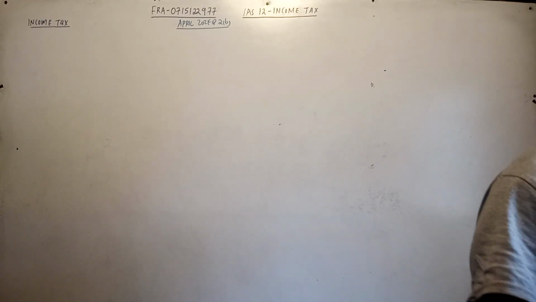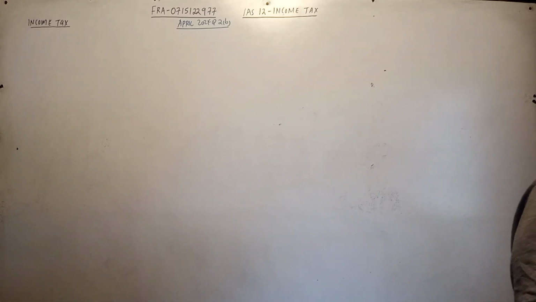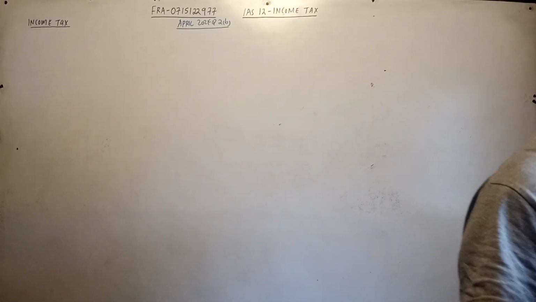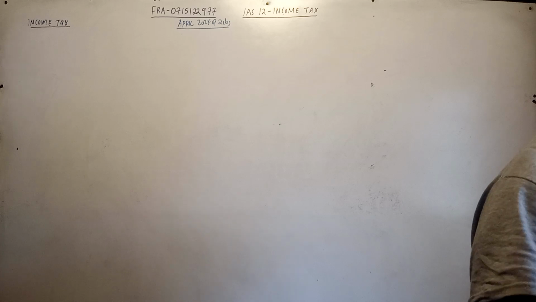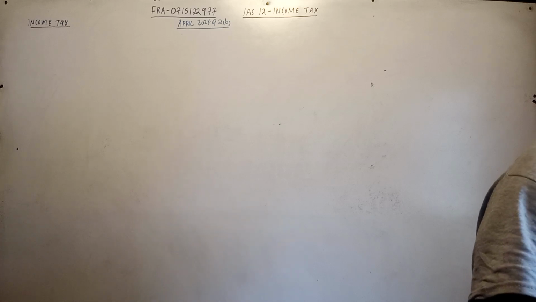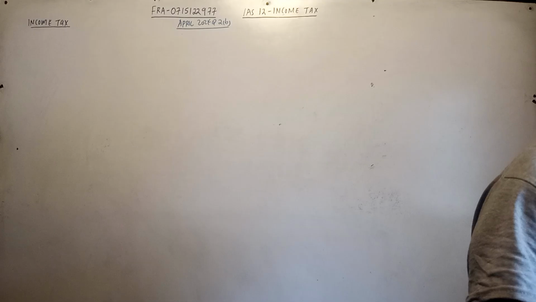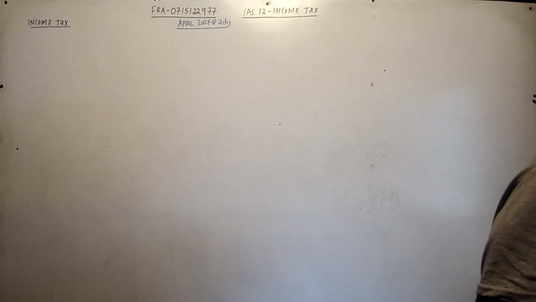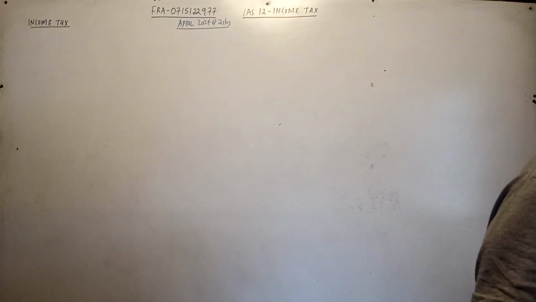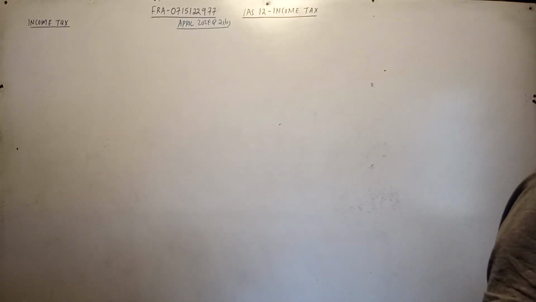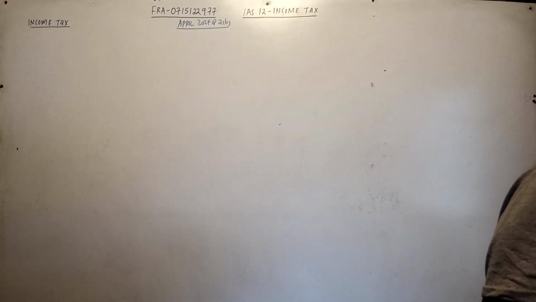Number 5, we have land and building, net book value, and then we have the revaluation. That one is fine. We shall check for the value of the revaluation only, because we don't have the tax base for that purpose.